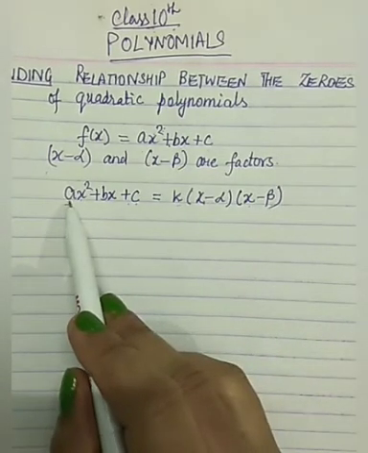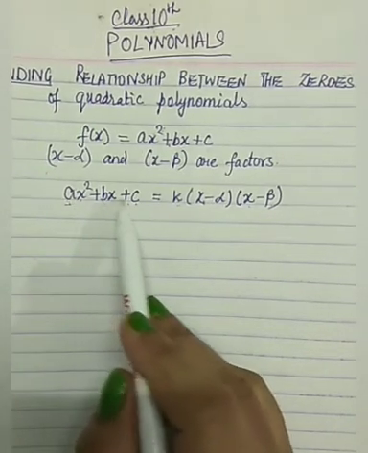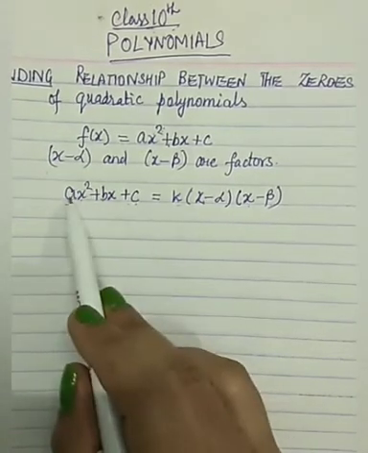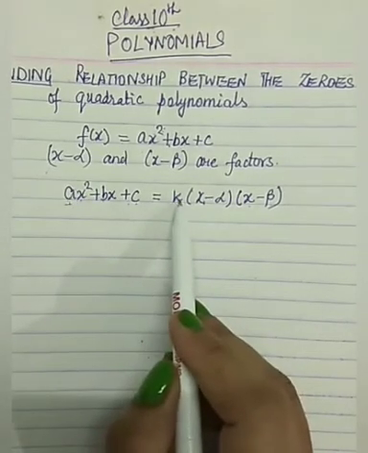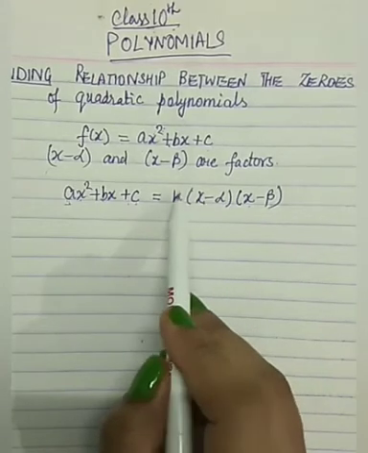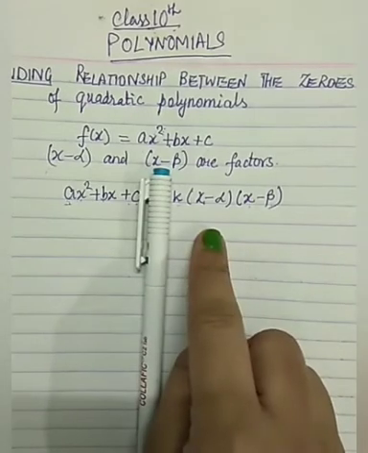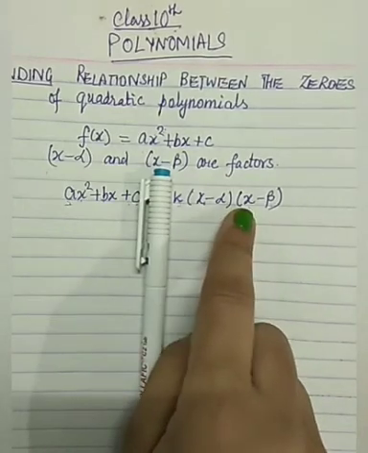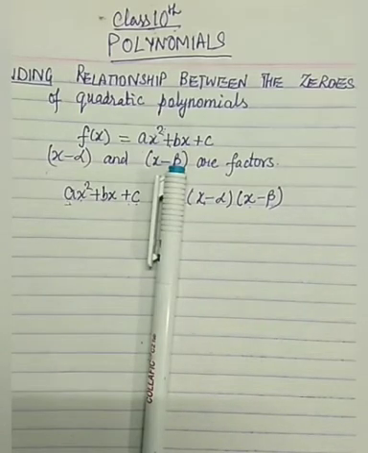Take any expression, like 3x square plus 2x plus 7, anything. The coefficient of x square is not always 1. There is always some constant. That's why I have taken a constant here, k. If I do not use this k and just use x minus alpha, x minus beta, then on distributing, x into x will always give you x square, so the coefficient of x square would be 1, which is not always possible.